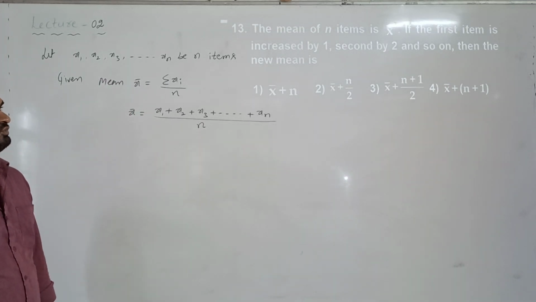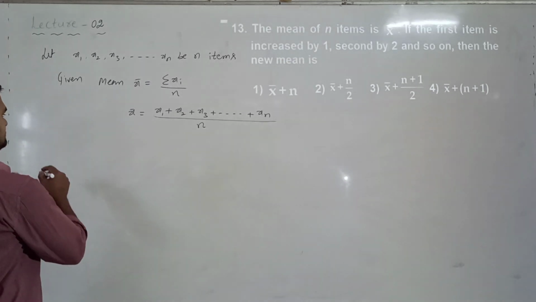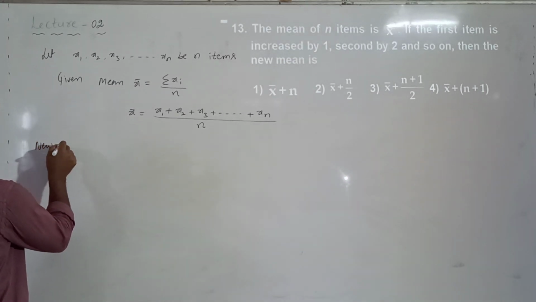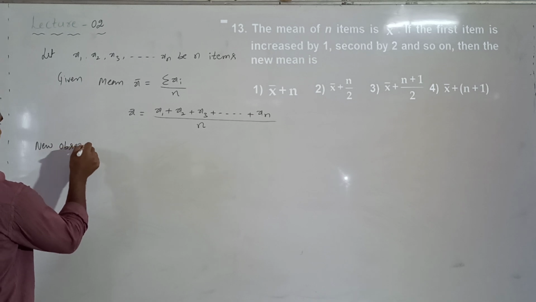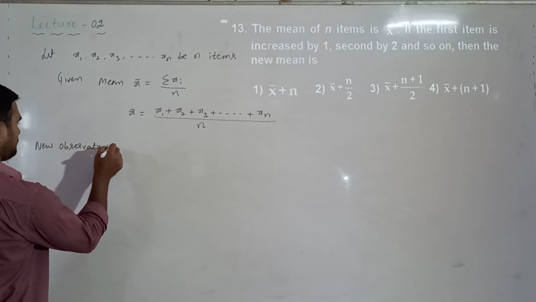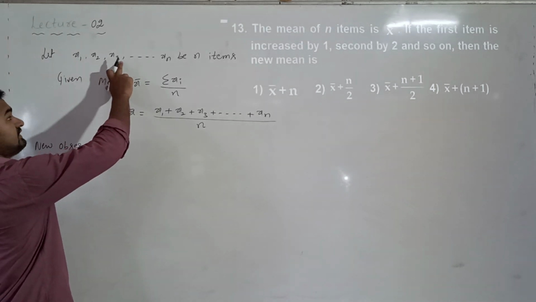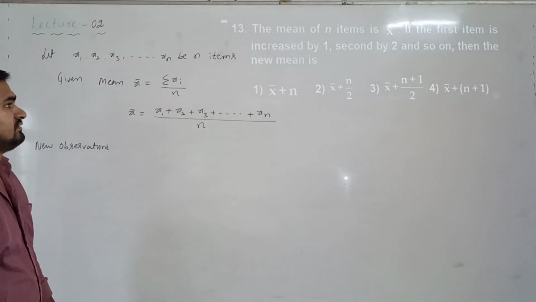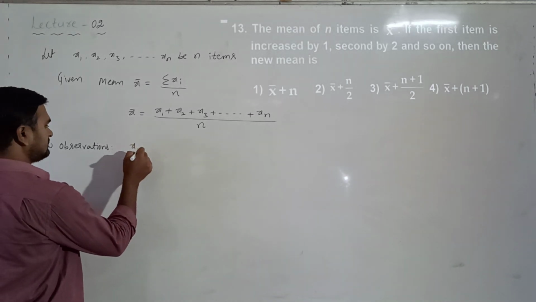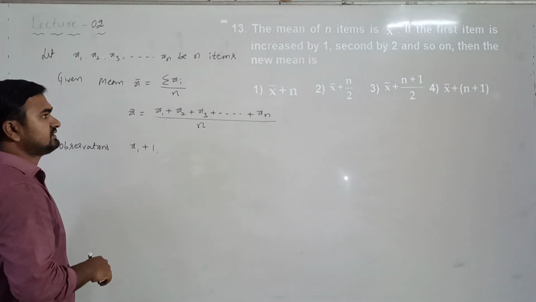Now what is the new data? What are the new observations? Each of these given items is increased: the first item is increased by 1, so the new observation is x1 plus 1.